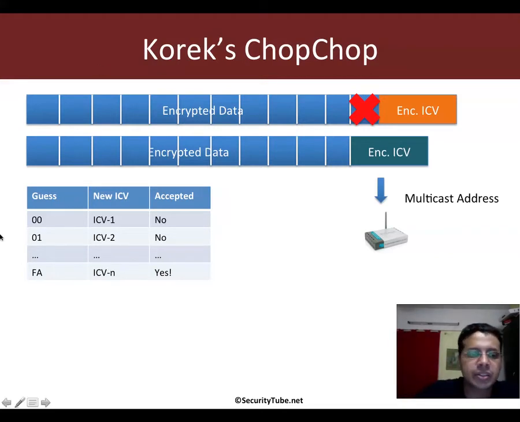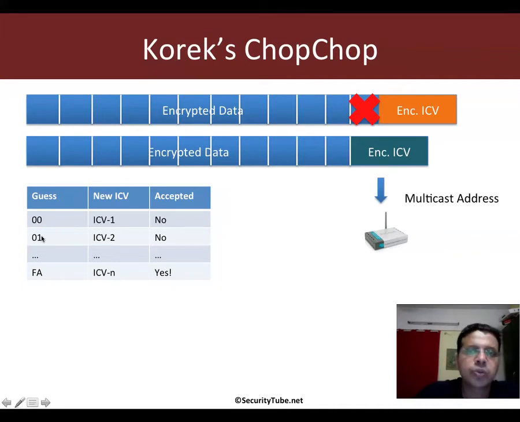So he takes various guesses. He says, let me first guess that the plaintext value of this byte was 00, in which case the new adjusted ICV would be ICV1, here in the encrypted form. Then he sends it to the access point. Let's say the AP does not relay it, which means accepted is no.